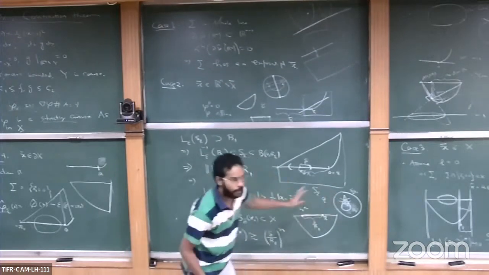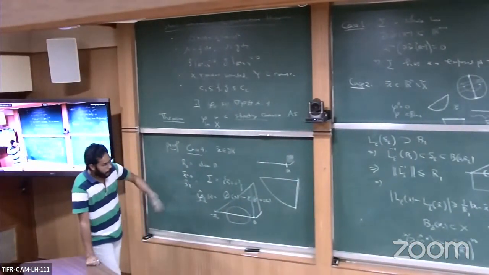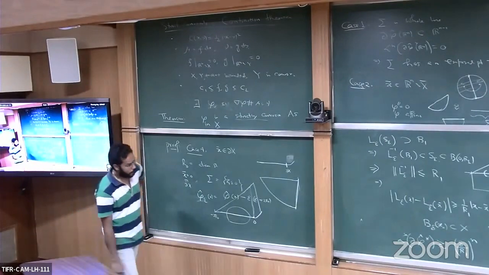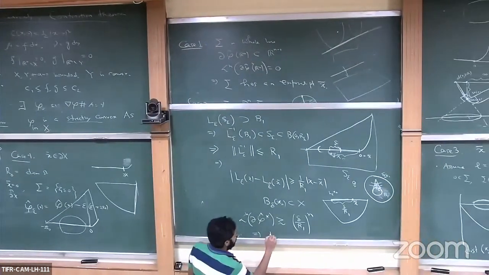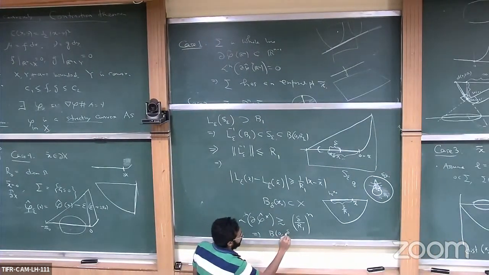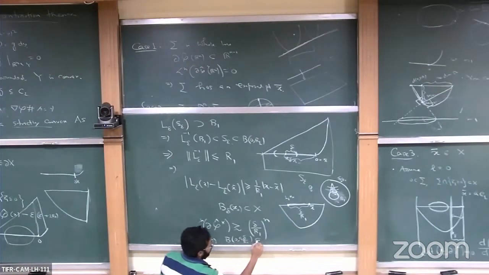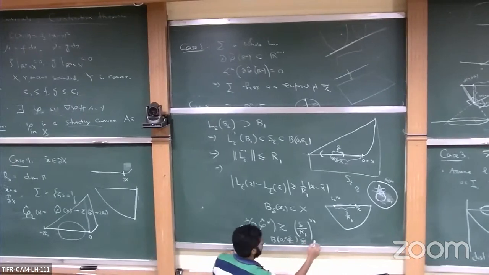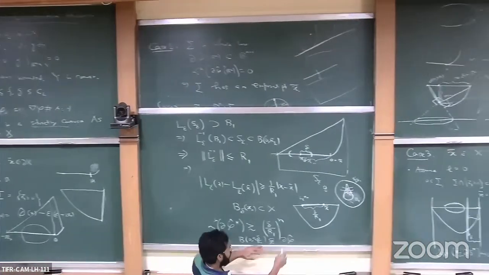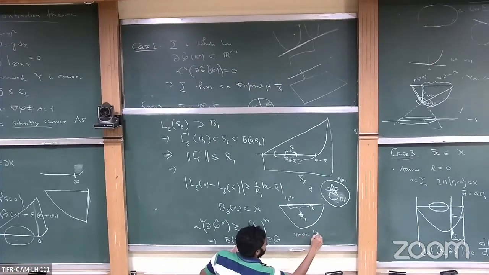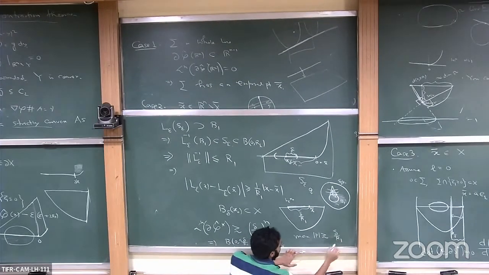So see, this cone has a sufficiently large Monge-Ampere measure, and that tells you that the subdifferential cannot be too small. Right? This implies that the ball of radius delta over R1, up to a constant, let me call it C1, cannot be wholly contained inside the subdifferential of P hat, right? And therefore, the maximum of the subdifferential should be at least bigger equals to up to a constant times delta over R1.